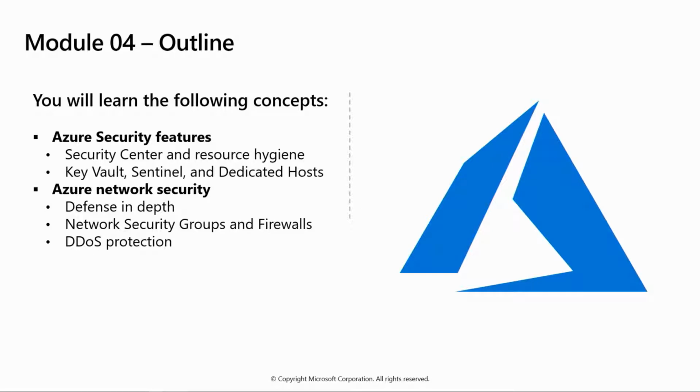And in some of our other classes, we spend an entire day on security. So the fact that we're only going to spend maybe an hour on security today, please know that this is in no way the full security offering within Azure. But we'll take a look at some of the key features and how you can use defense in depth to your advantage as you're looking at your Azure environment.